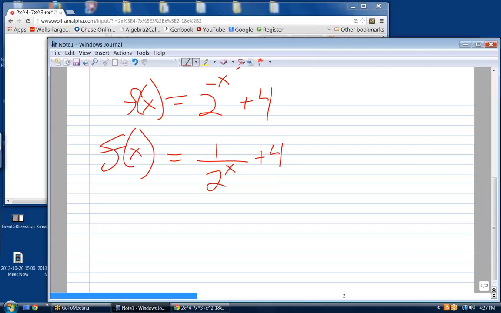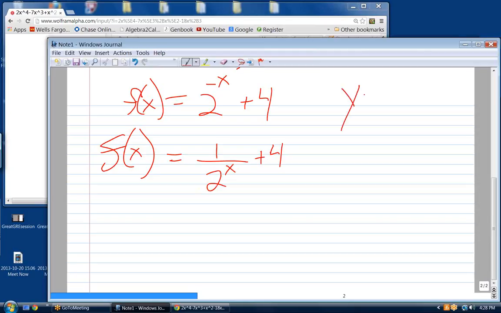Are there any vertical asymptotes? Is there any x that makes this denominator 0? That's what you're looking for with a vertical asymptote. Vertical asymptotes are only caused by division by 0.